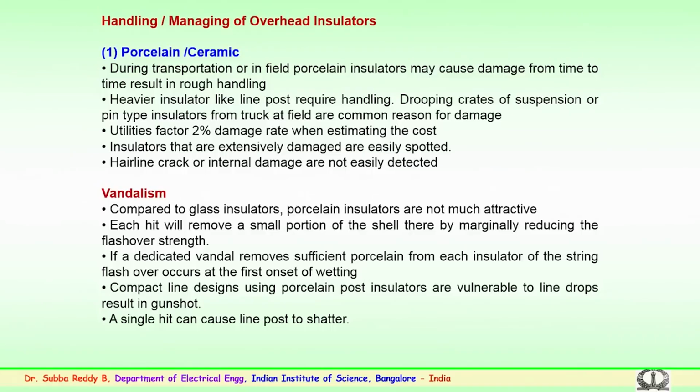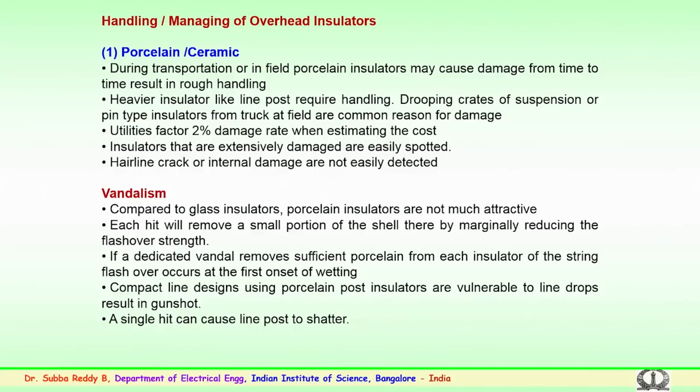So, each and every piece of information is very important. It is not enough that manufacturing is done in a very precise way; if the usage or handling is done poorly, then this could again lead to insulator failures in the field. So, care has to be taken for proper handling and managing of these overhead insulators.